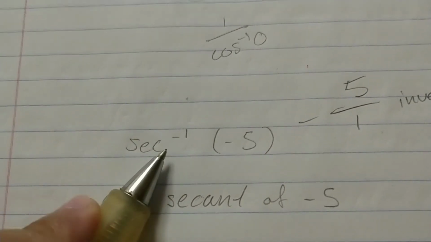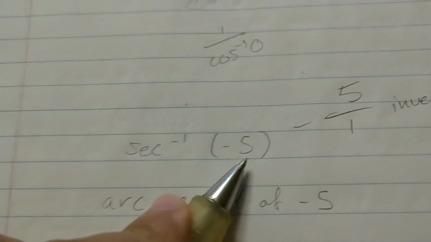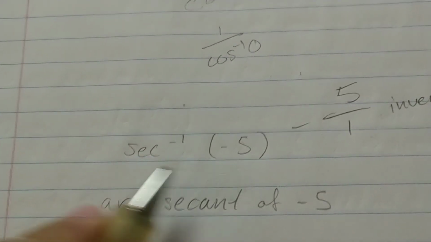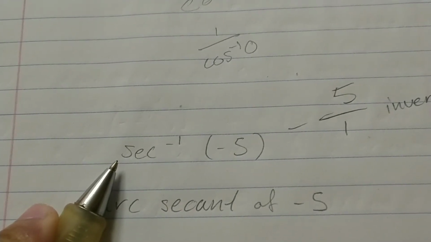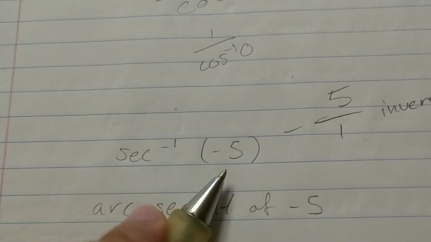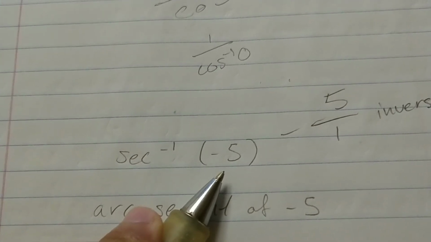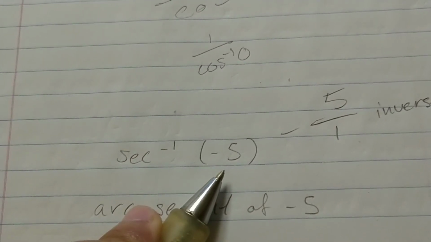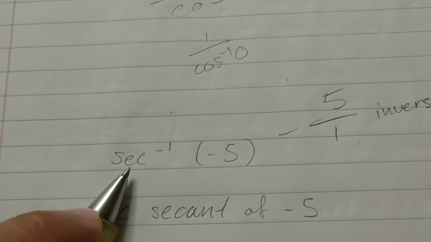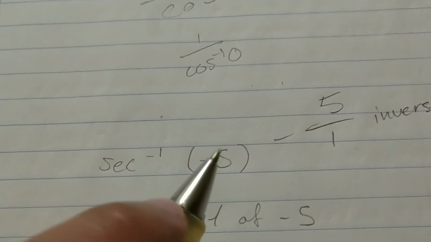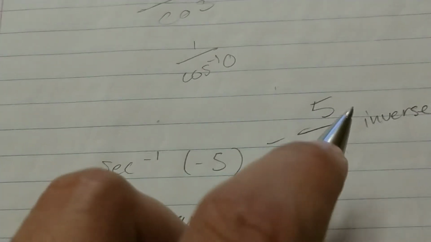So you have to do an inverse. If I were to put in the inverse cosine of -5, I'd get a different number because the inverse cosine is not the same thing as secant. So the only way I can do it is doing the inverse cosine of the inverse of -5.